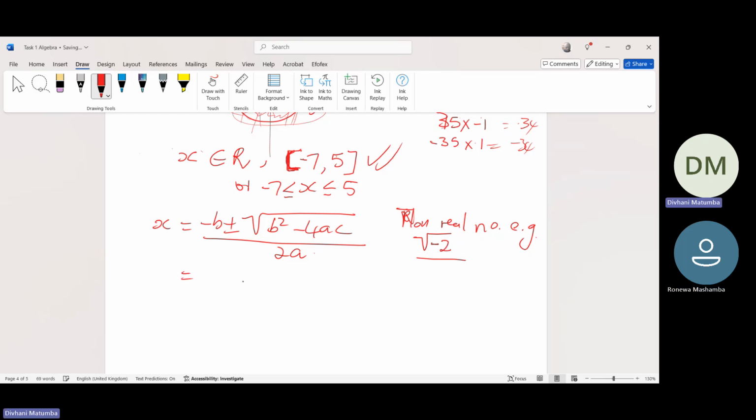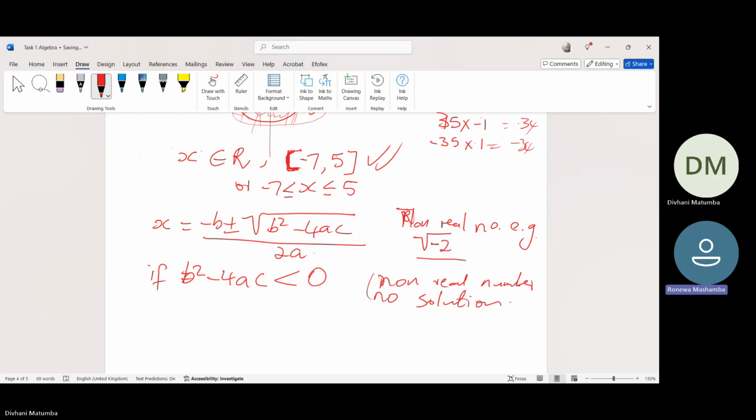Now, in our equation, if b squared minus 4ac is less than 0, this is a non-real number, meaning there's no solution. Do you agree? Yes, sir.